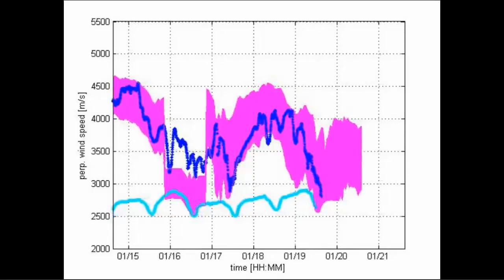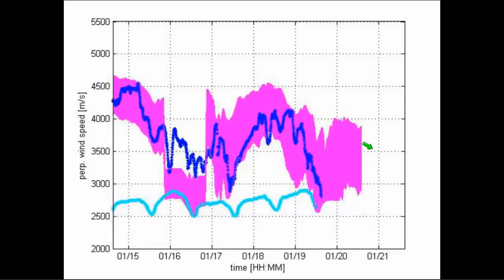So if I stop the animation here, you see the light blue curve is, let's say, a reference. Normally the ratings cannot be below that. The pink band is more than 1 hour, maybe 24 hours ahead.